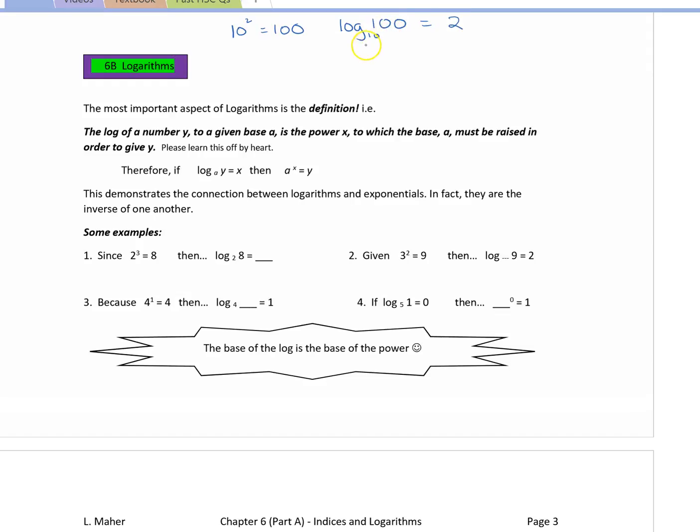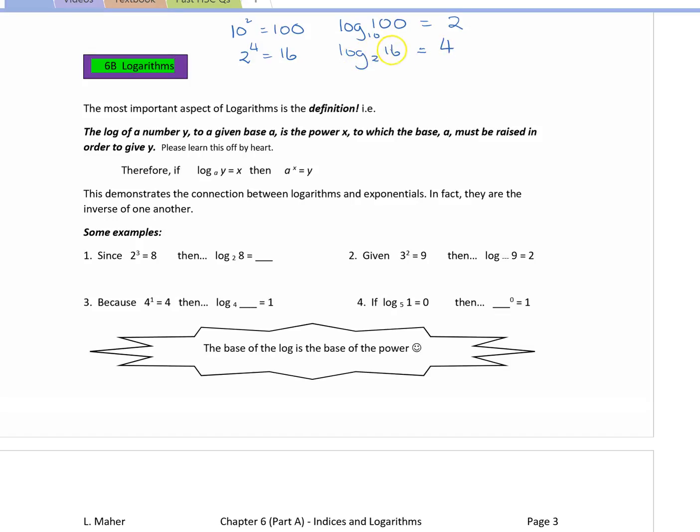Now I'm saying obviously to this base because think about this. We know that 2 to the power 4 is 16. If I take the log of 16, now I must take it to base 2 to get power 4. The log of 16 to base 2 gives me 4.